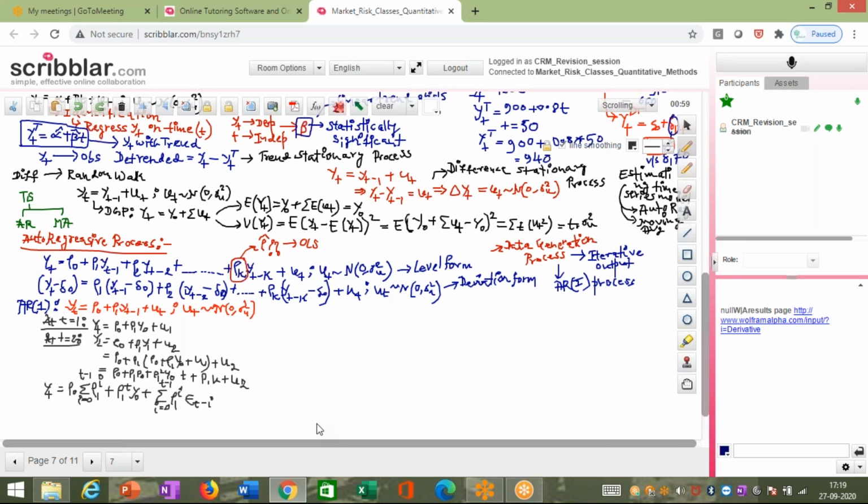Now when we talk about the data generation process over here, one of the important things is the additional impact of the rho i's.